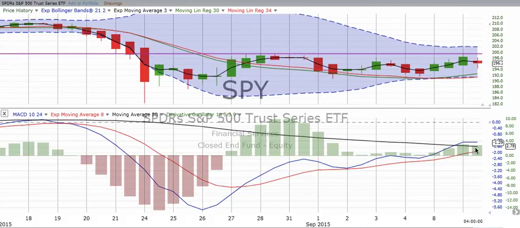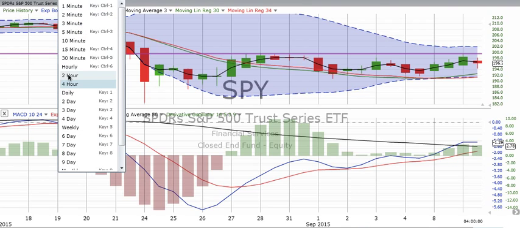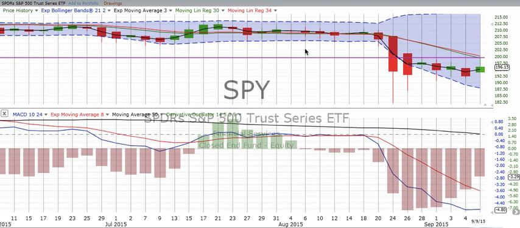Now remember, what's so critically important for you to take from this is if the market refuses to rise above the 200 mark on the S&P and rolls back over on the MACD on the short chart, what does that mean? Well, that means it parallels the two-day chart, which is in a downtrend, and you might have the opportunity at that point to actually get into a down move again.